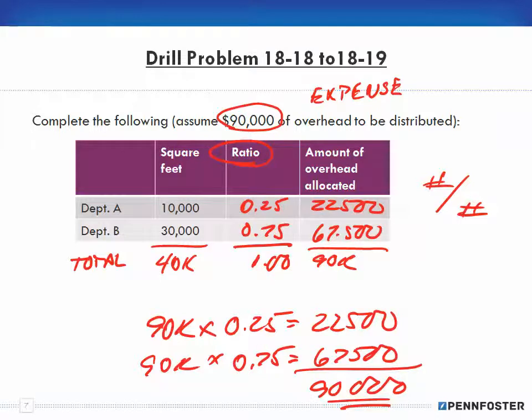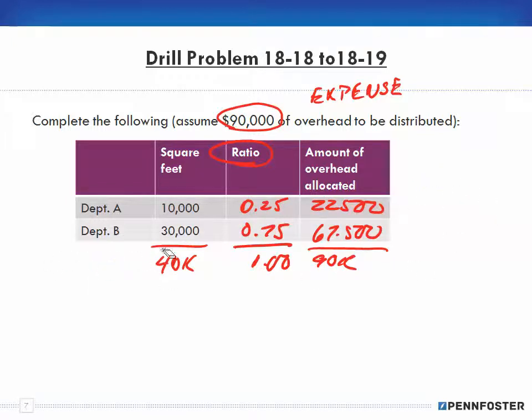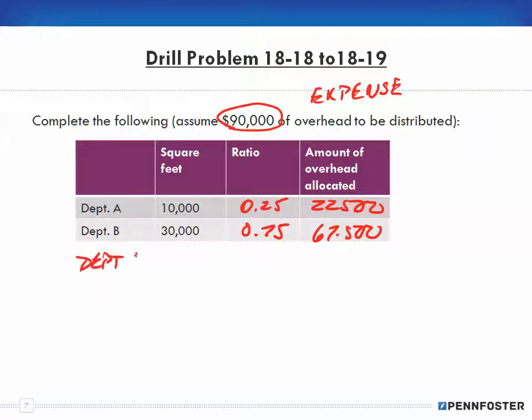If we had additional departments, all we would do, it's just an expansion of this idea, this concept, okay? Here we have, as an example, I still have this 90,000 to be distributed, but let's say I added a department C, okay?